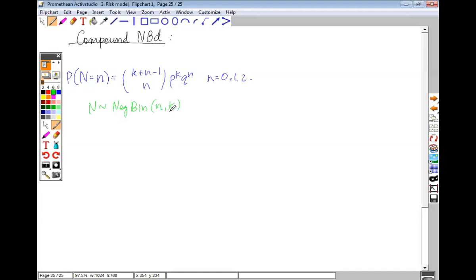So again, reminding ourselves, our claims have to be independent, and if we are figuring out, oh sorry, we don't have n right here in the negative binomial case. What are the parameters of the negative binomial? Anyone? It's not n and k.